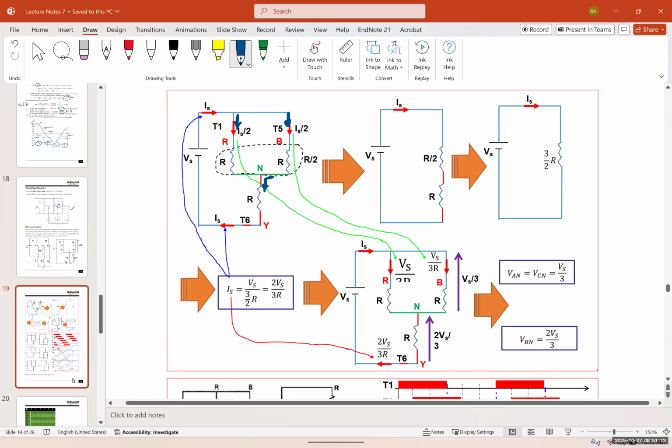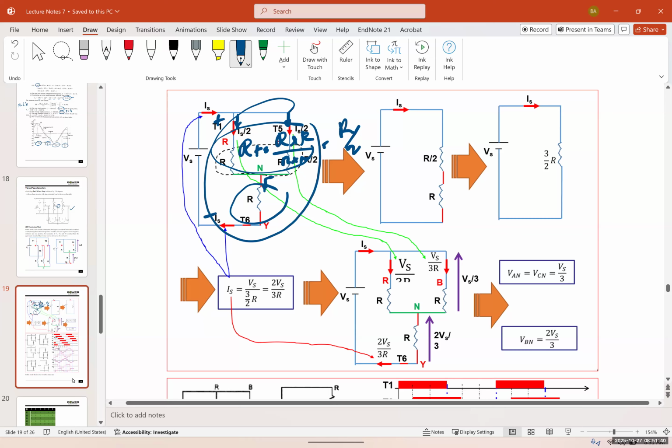If I want to find the current, I can use KVL or Ohm's law, which is going to be the voltage Vs divided by the combination of these 3 resistors. These 2 resistors are in parallel, so RT for this part is R times R over R plus R. In other words, it's going to be R divided by 2.